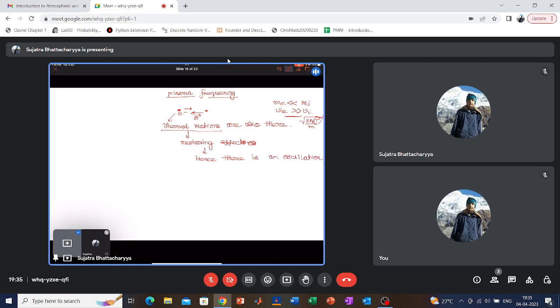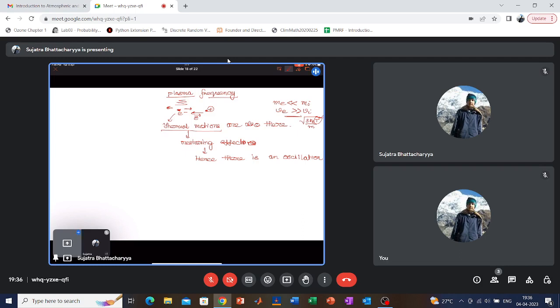The electrons should move towards the positive test charge if it is introduced here, in the opposite direction of the electric field, because electrons move that way, but due to the thermal motions they may move like this. So there is an oscillation present, and that oscillation's frequency is the plasma frequency. Simple. This is the concept.